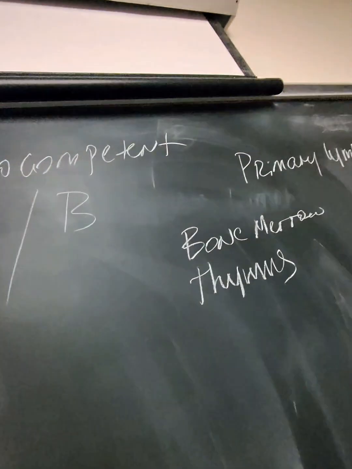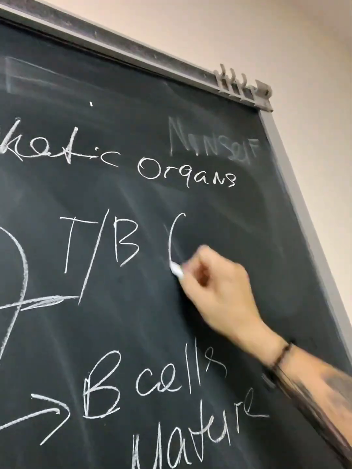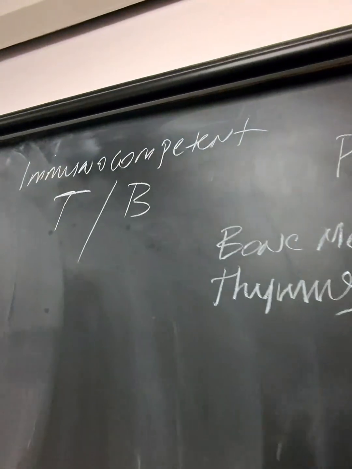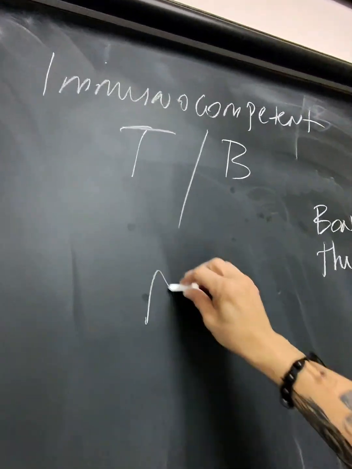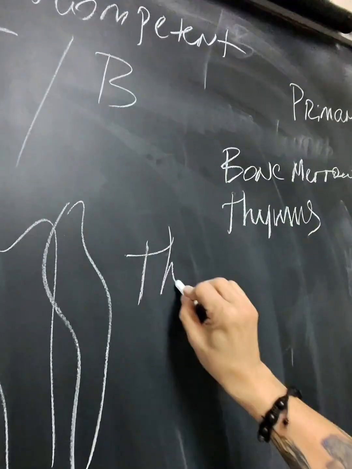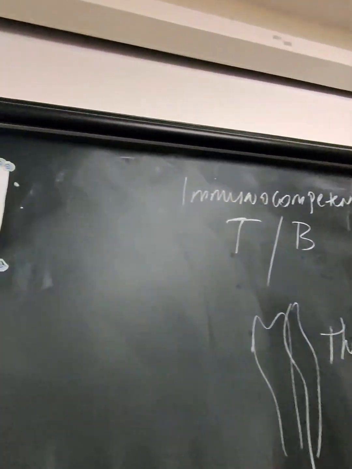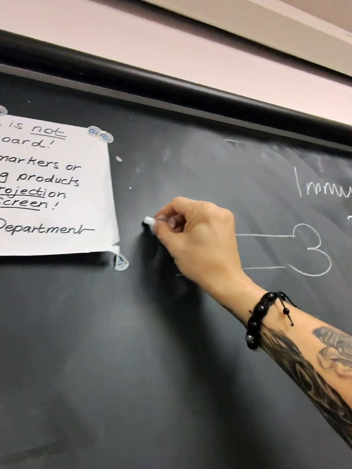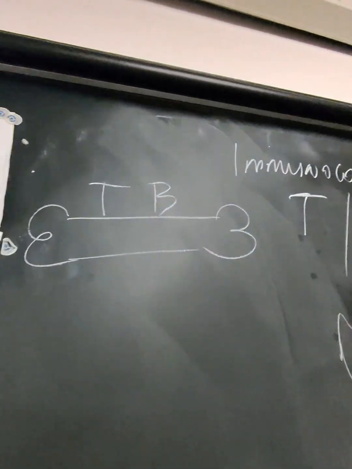The T cells are also born here, but they become mature or immunocompetent within the thymus. So basically, you have a bone here, T cells and B cells made in the bone.